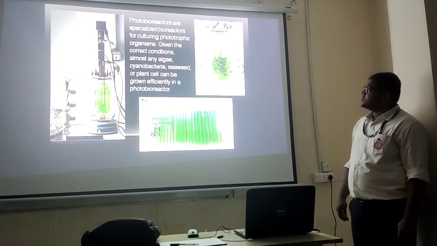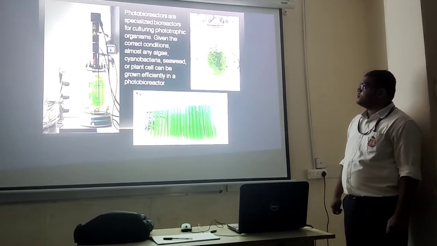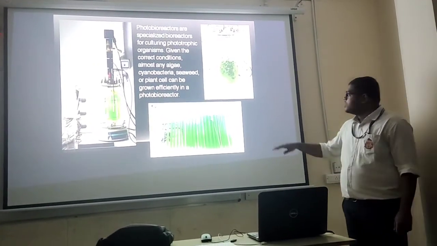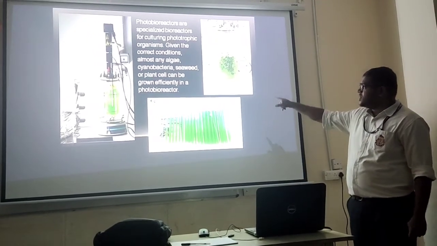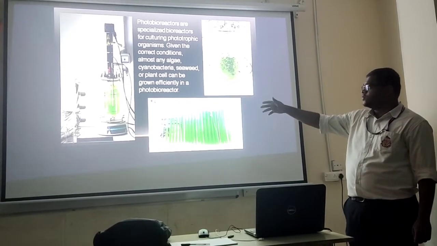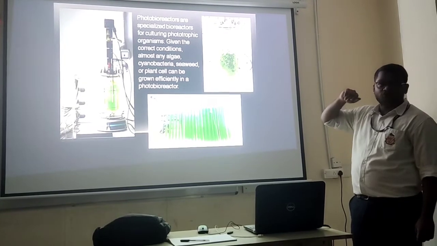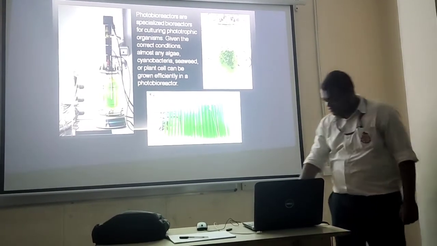Given the correct conditions, almost any algae, cyanobacteria, seed, or plant cell can be grown efficiently in a photobioreactor. In large scale photobioreactors we use sunlight, and in small scale in labs we use light as a photo source as a growing factor.